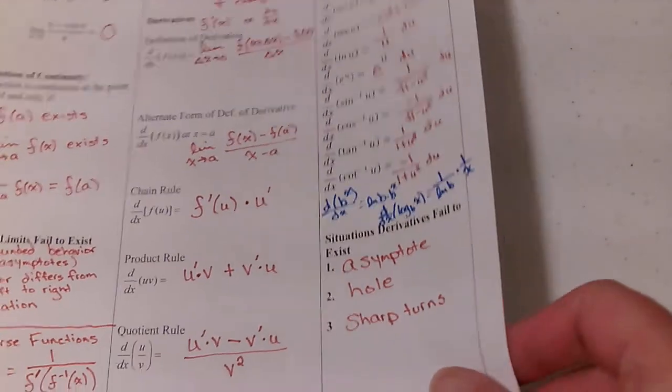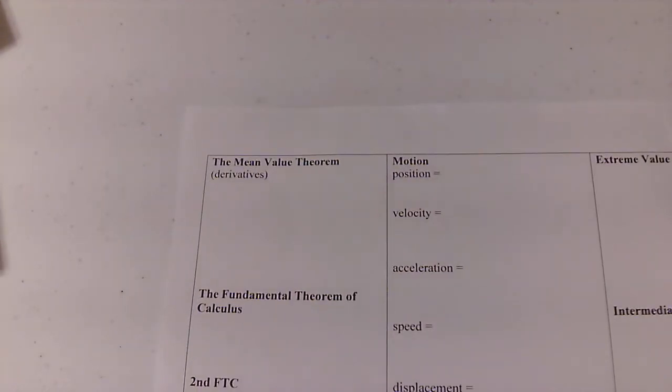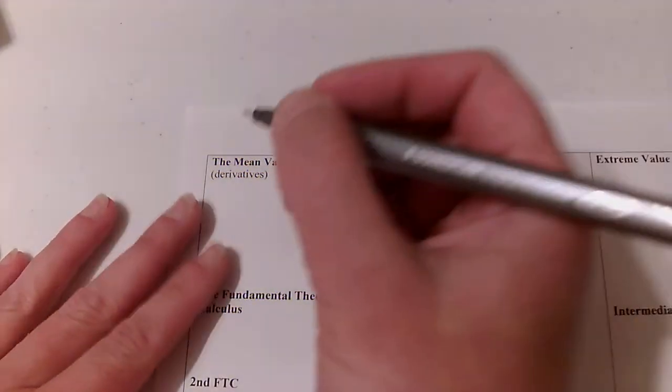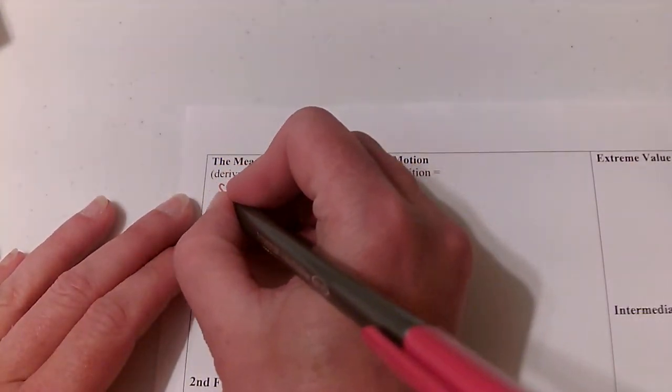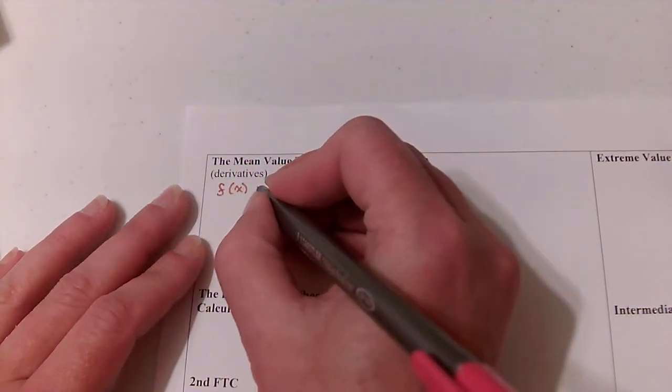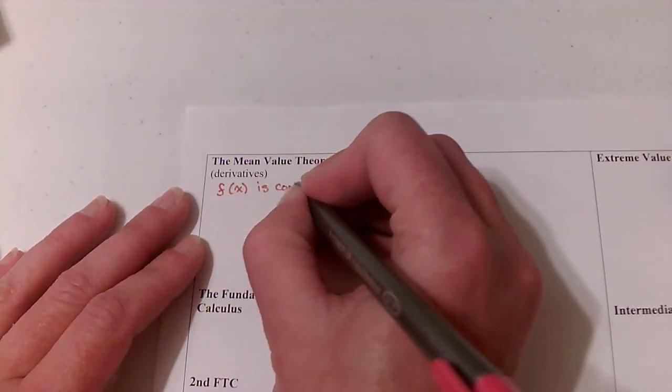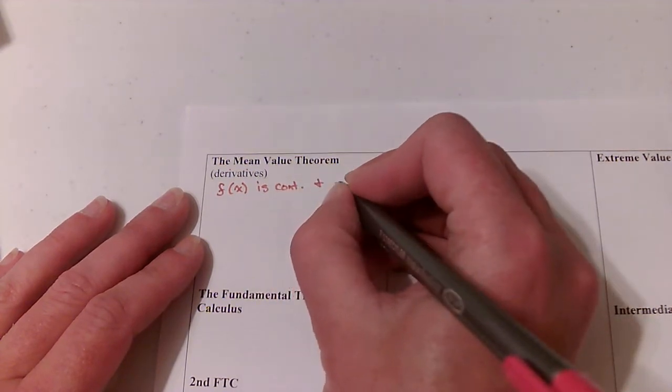Now to the backside. I gotta find the backside. There it is. Some of these formulas or theorems, I want to make sure that we all are familiar with. So the mean value theorem for derivatives. This one actually has a condition that we have to start with. f of x has to be continuous and differentiable.